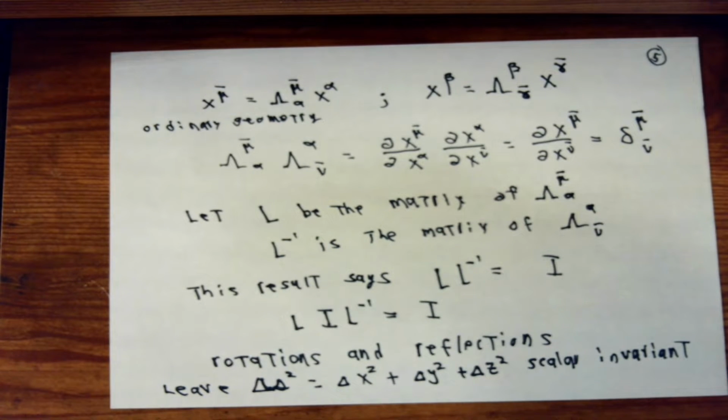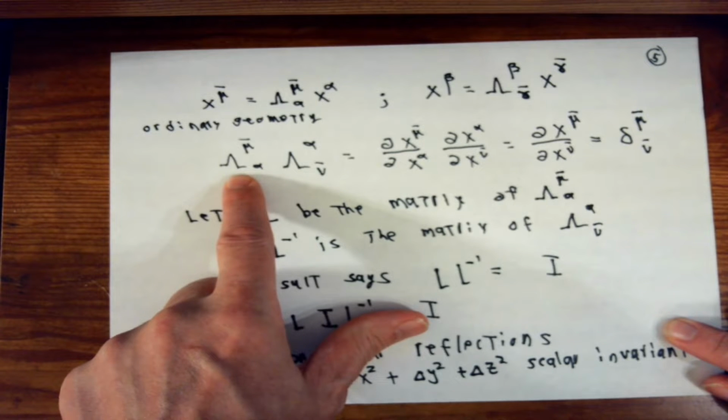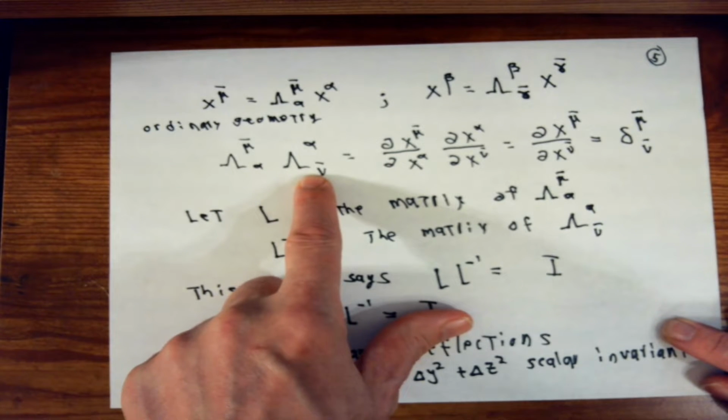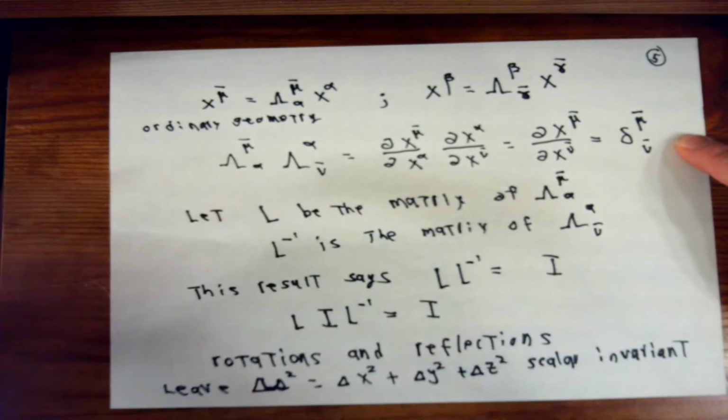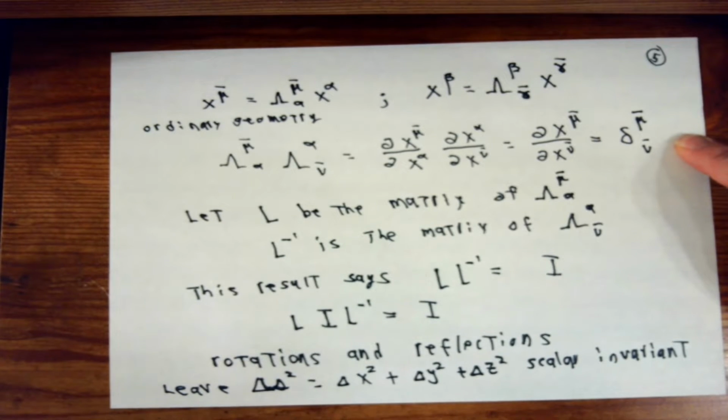Because of the chain rule for functions of several variables, and using the Einstein summation convention on index alpha, we see the matrix of these numbers and the matrix of those numbers. When you do matrix multiplication, you get a matrix that's 1 on the diagonal and 0 every place else, just as it should be.